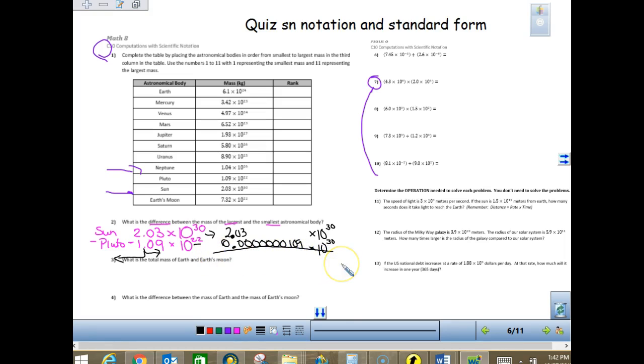Okay, do you agree? So if I take 2.03 and I'm going to round this to 3 decimal places, is it going to change? Is it still going to be 2.03? It's going to be 2.029999. Wouldn't you agree?